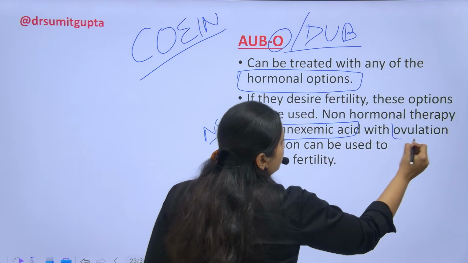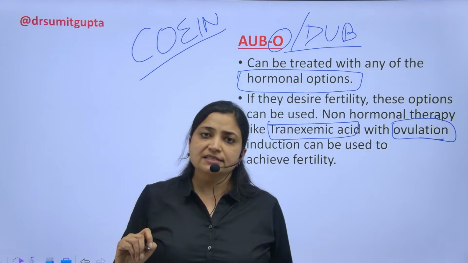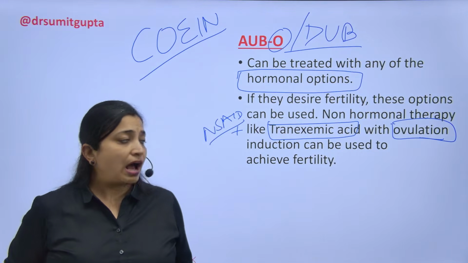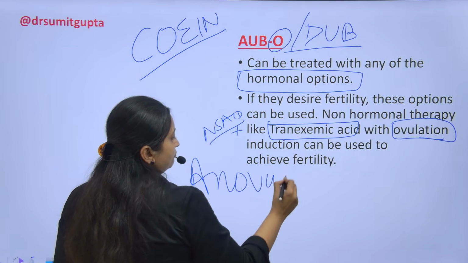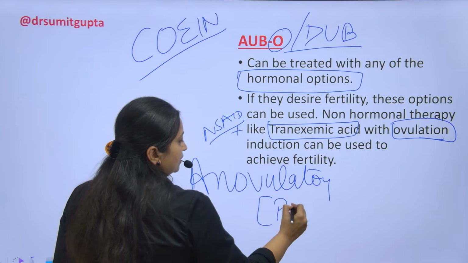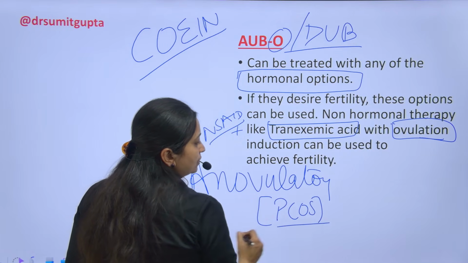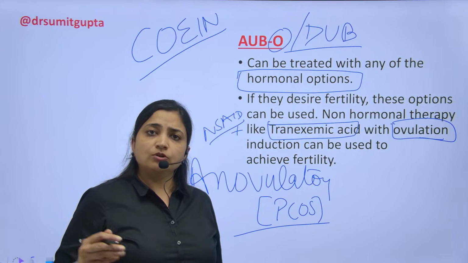plus ovulation induction. That solves the problem, because most cases of AUB-O are anovulatory patients like PCOS. If the patient is not ovulating, there is unopposed estrogen in the body because there is no ovulation, so the patient has heavy bleeding after 2 to 3 months.